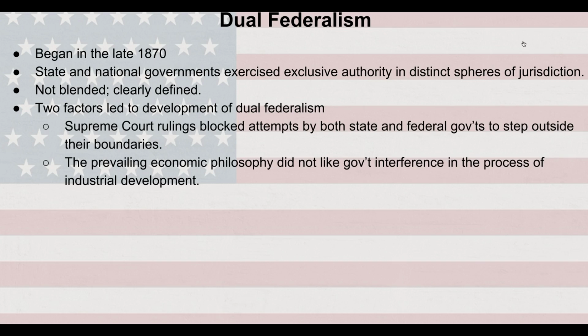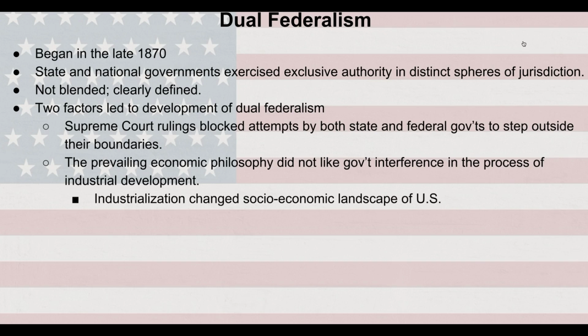And so they really did not like the interference of the government. Because of this prevailing economic theory, it's really going to play a role in guiding the Supreme Court to make decisions that keep each level of government in their lane.